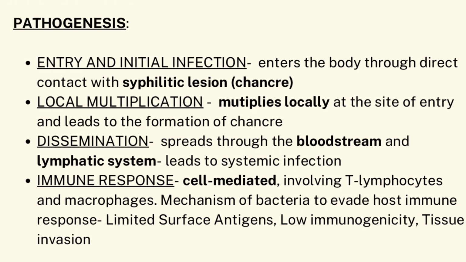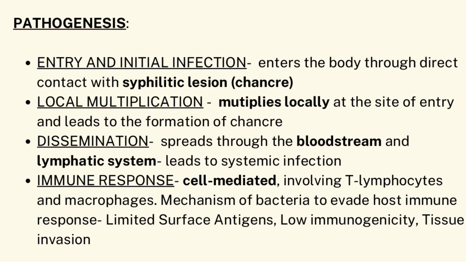The host immune response to Treponema pallidum is primarily cell-mediated, involving T lymphocytes and macrophages. The bacterium has several mechanisms to evade the host immune response. Limited surface antigens. Treponema pallidum has a limited number of surface proteins, making it less recognizable to the immune system.